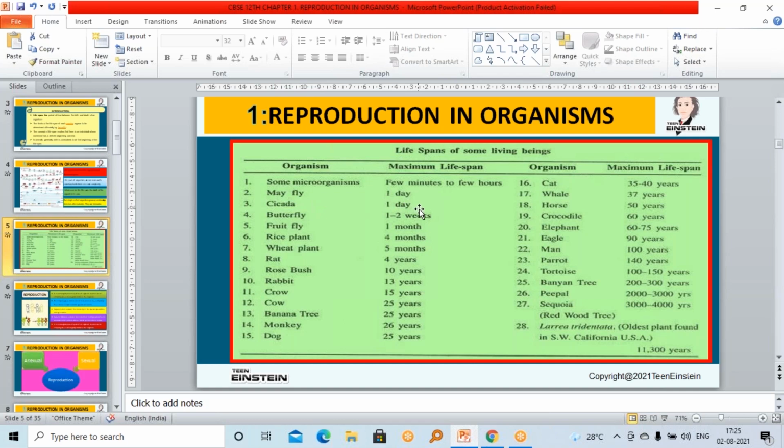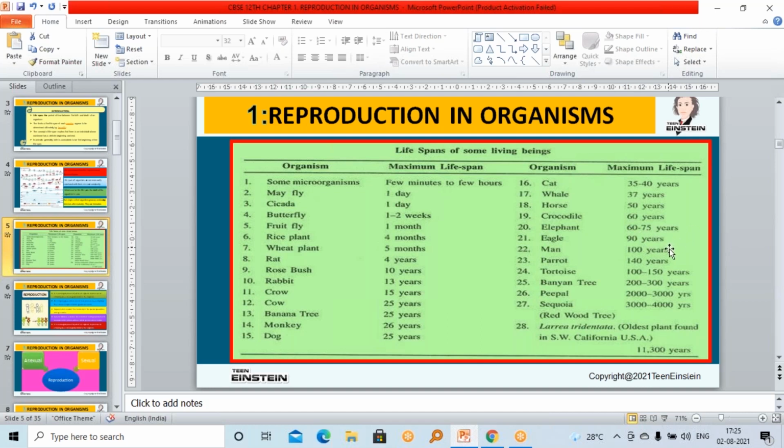So here you can note down the different maximum lifespan of each organism. Some microorganisms, I said, few minutes to few hours. In the case of yeast, just 90 minutes. That's all. It will divide into daughter cells. Mayfly, 1 day. Dog, 25 years. Rice plant, in the case of plants, 4 months.